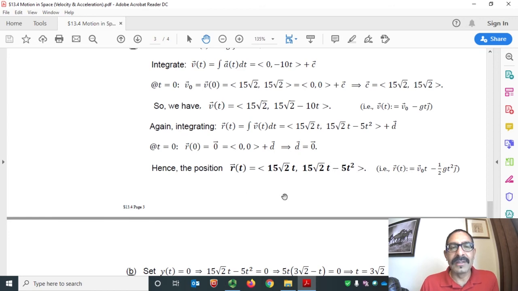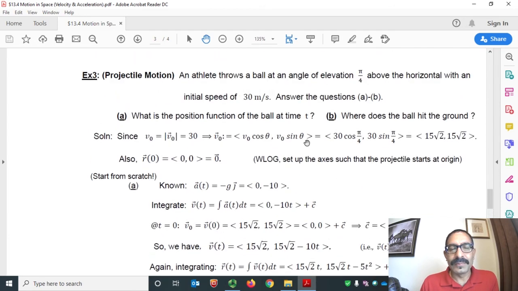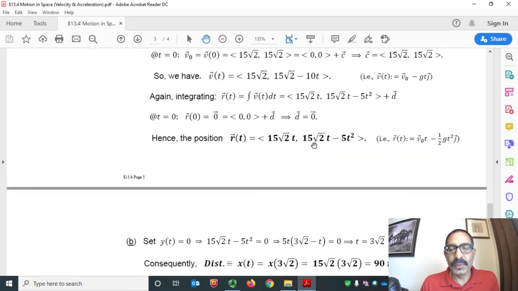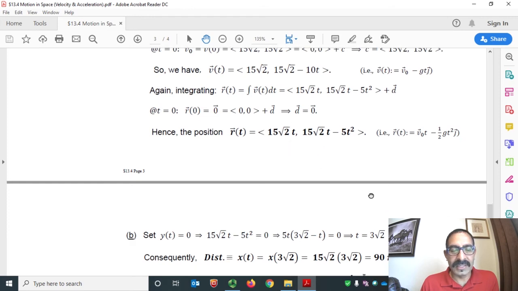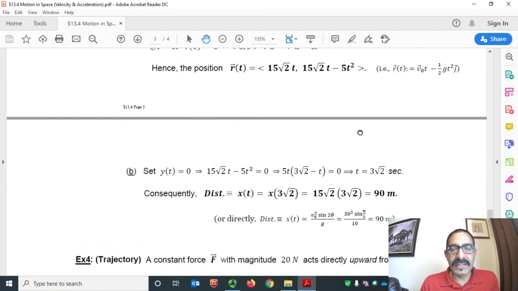So this is the position function we are looking for. Next, let's find where the ball hits the ground. So that means I need to set this y component equal to 0, solve for t, and substitute the value of t into the x component. That gives us the distance. So set y of t equals 0. That means 15 radical 2 t minus 5t squared equals 0. So factor the 5t out.